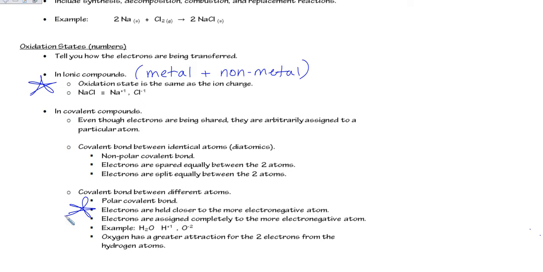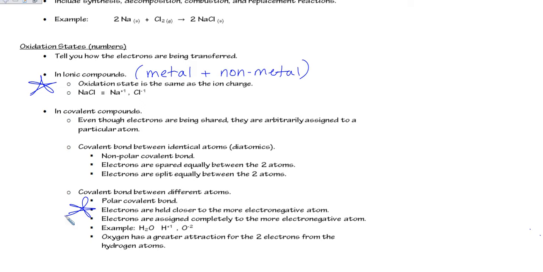Nitrogen is really high. So if we have a covalent bond and we have to assign these oxidation numbers, and we're having a little trouble deciding whether something should be positive or negative, the atom with a higher electronegativity has a higher attraction for electrons.